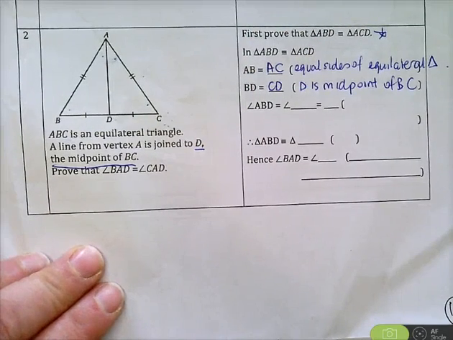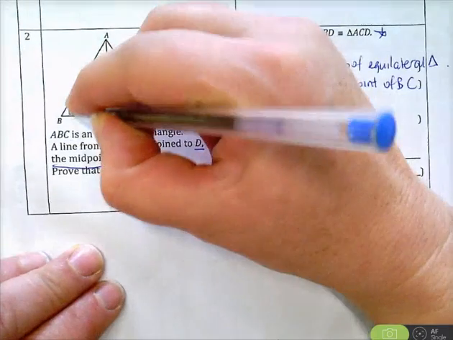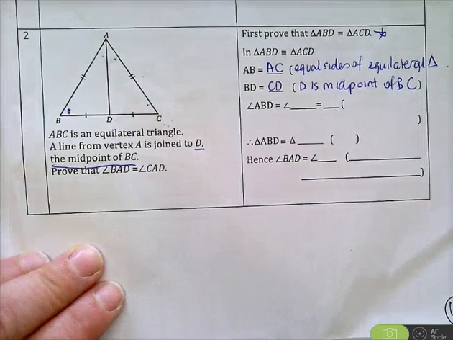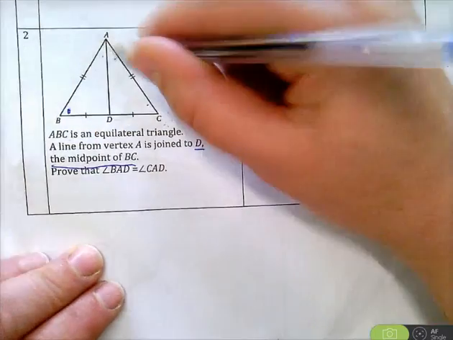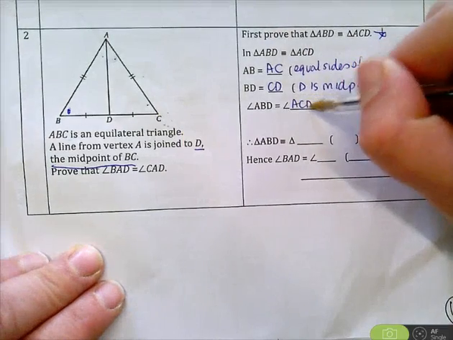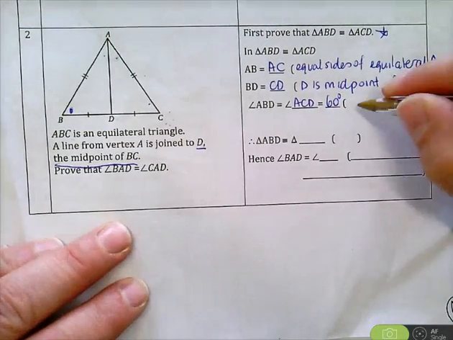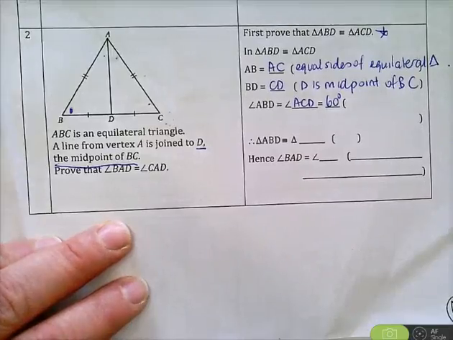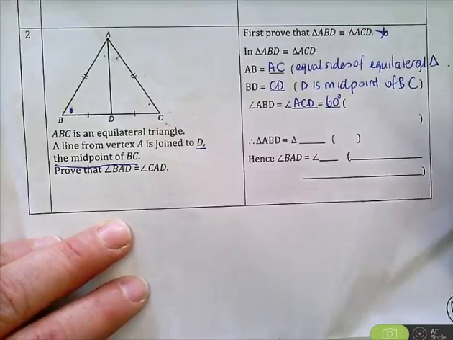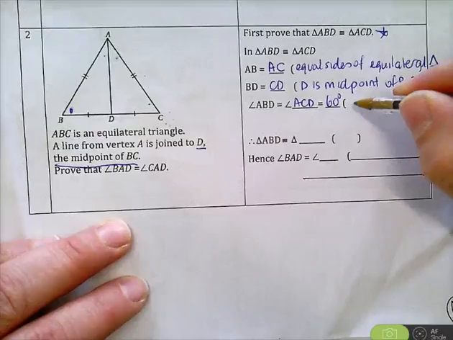Angle ABD is equal to angle, so this angle, what do you think it's equal to? Yes, angle ACD equals 60 degrees. Why are you writing that? Well, I wouldn't say isosceles triangle. We know it's an equilateral triangle. Why is that 60?